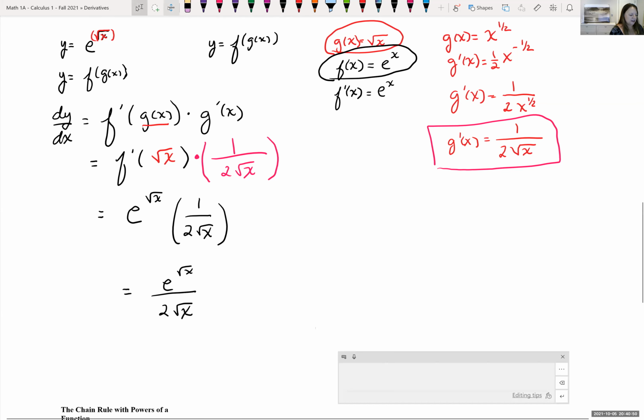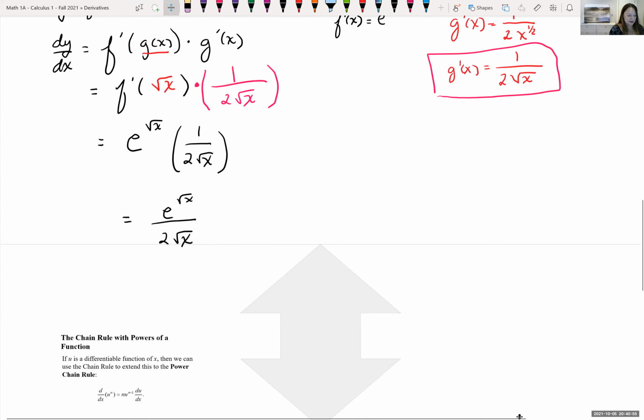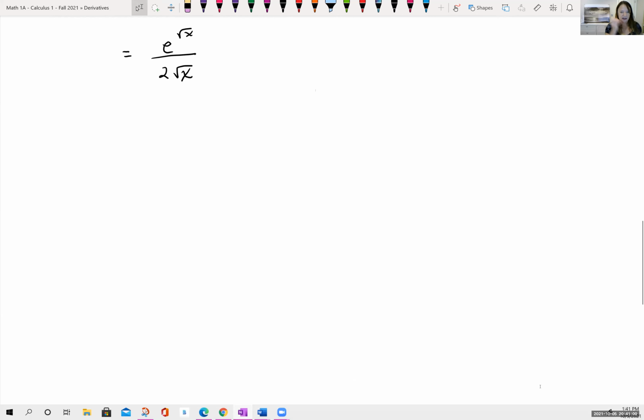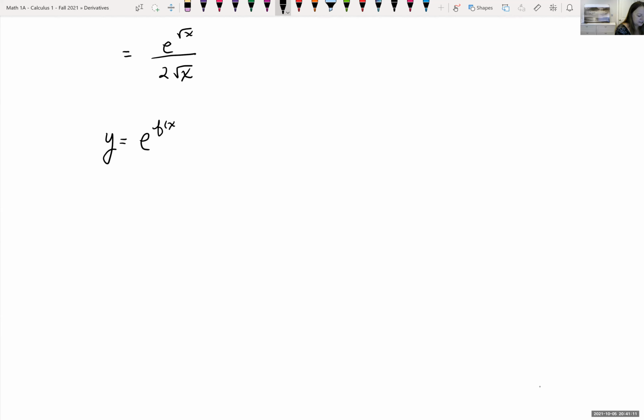So let me give you a rule for e, and it will make it easier when we take the derivative. The derivative of e to the x is e to the x. But if we have y equals e raised to some function f of x, when we take the derivative of this, we're going to take the derivative of our exponent, f prime of x, all times our original e function, e to the f of x power.